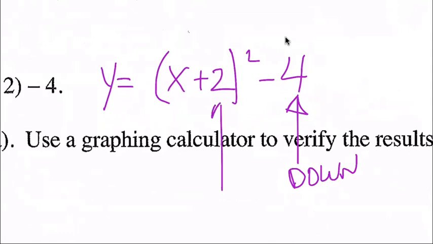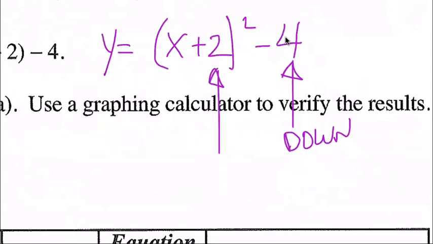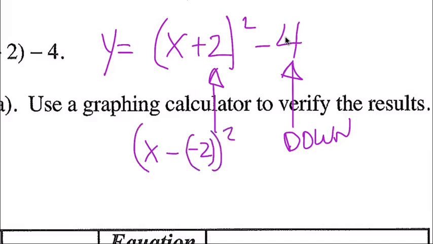And how many units left or right? 2 units. But is it going to be left or right? Remember, this comes from x minus 2 squared. So this is going to be 2 units left because it's negative 2.